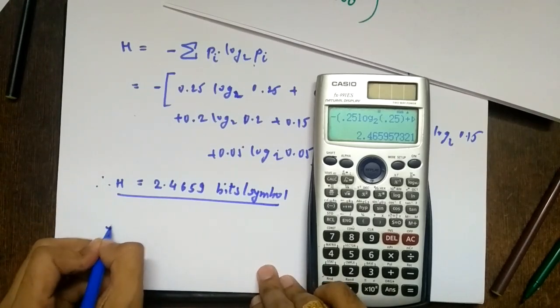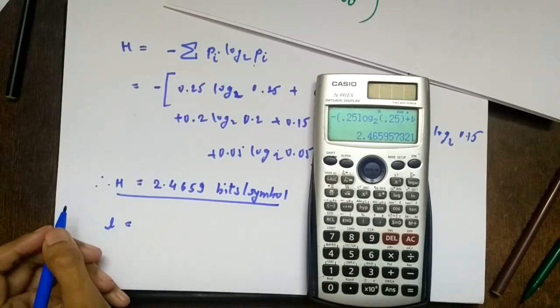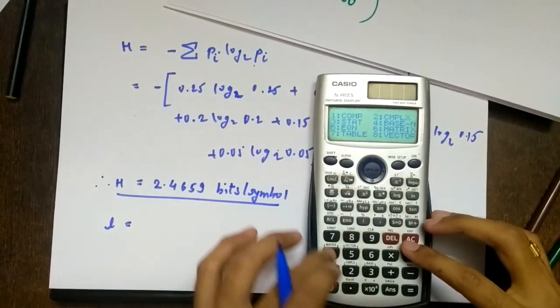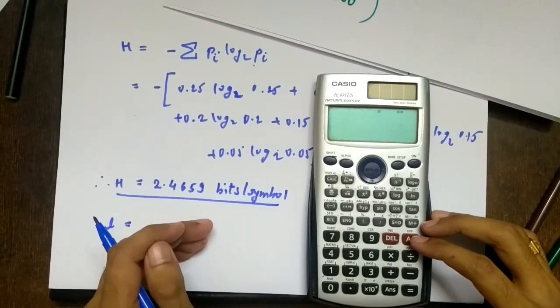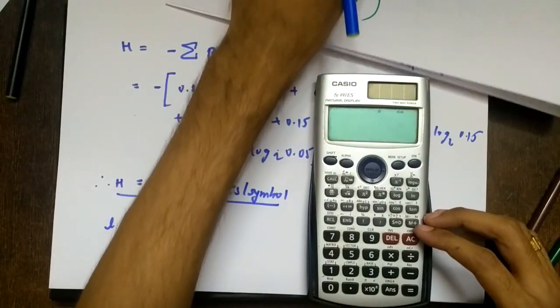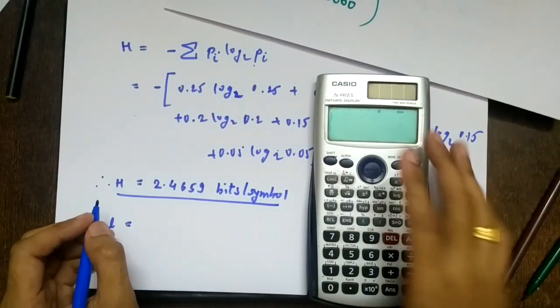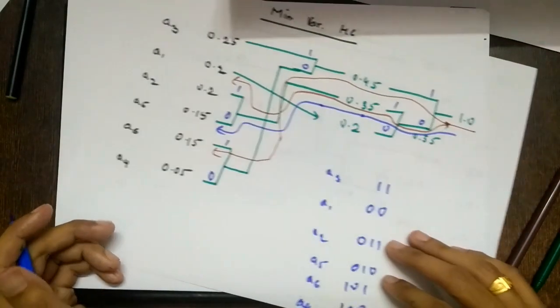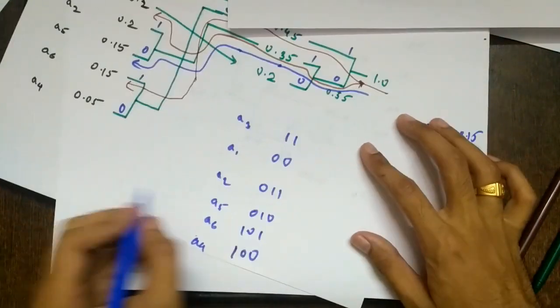So this is the entropy which they have asked. Next they have asked length of the code. So it is denoted by L. So what is the formula for length of the code? Probability into length of each code word. Right? So what was the probability?